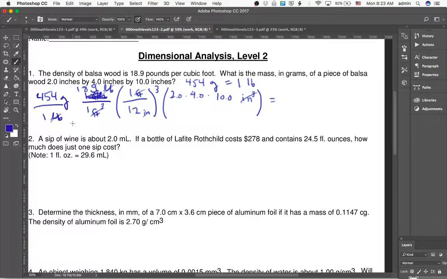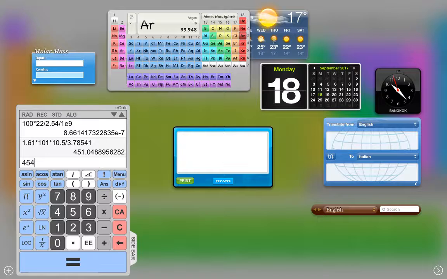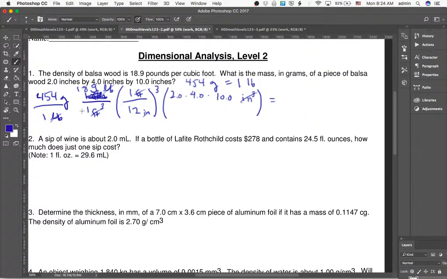The only thing left is grams. So I've got 454 times 18.9 times 2, 4, 10, divided by 12 cubed. Divided by anything else? Nope. The ones don't matter.